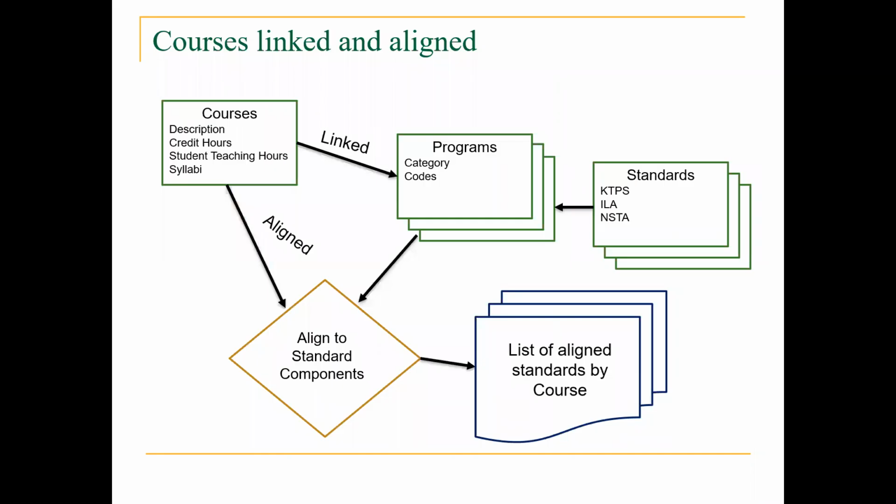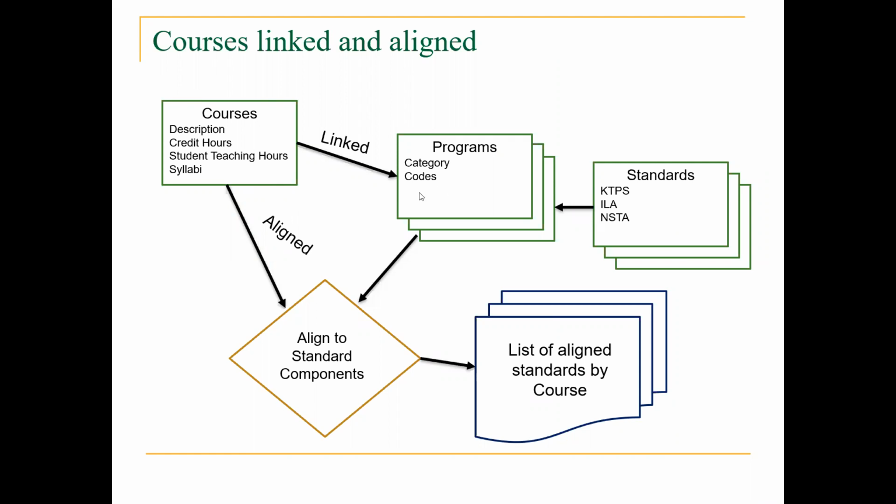What we're going to be doing in this courses module, along with capturing the basic information about a course and its description, is linking these courses to those programs and program codes. This is kind of like an electronic curriculum guide, and it shows a different set of courses may be needed for an initial or an advanced program.